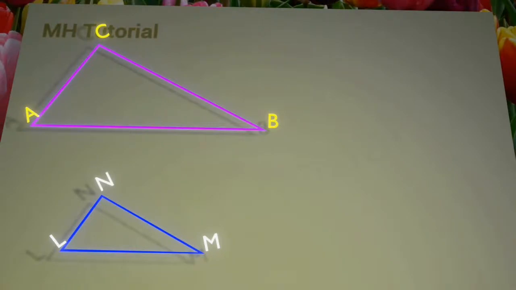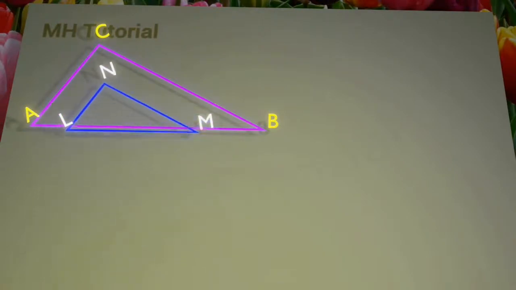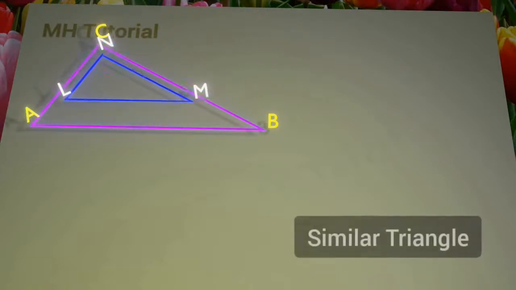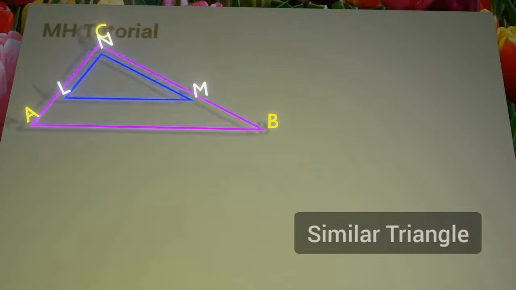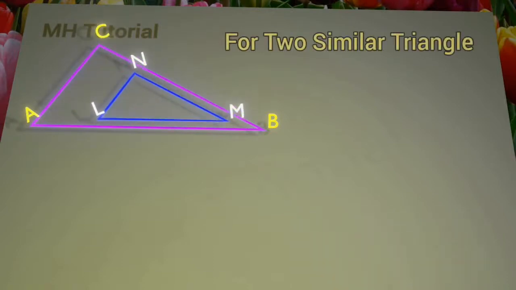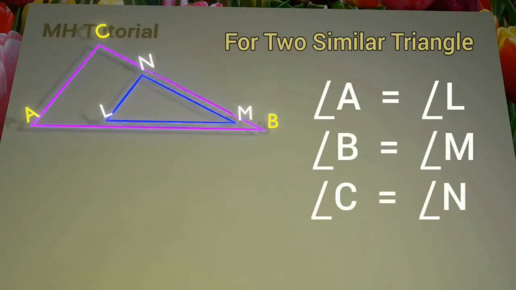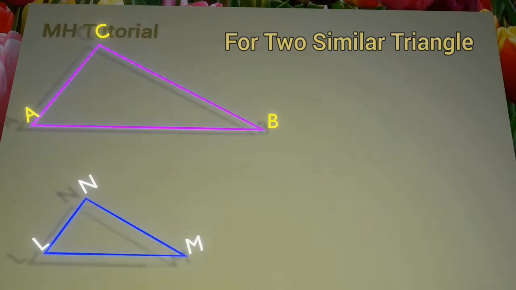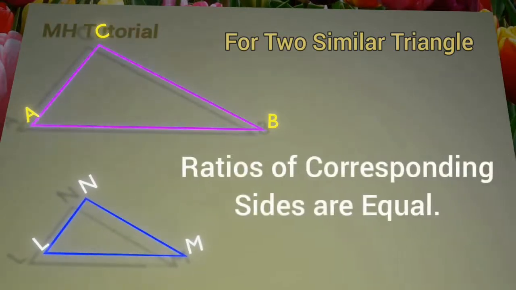But if only the corresponding angles of two triangles are equal, but corresponding sides are not equal, then we call those two triangles similar triangles. The corresponding angles of similar triangles are equal. Besides, the most important thing is, the corresponding sides of these two triangles are proportional.